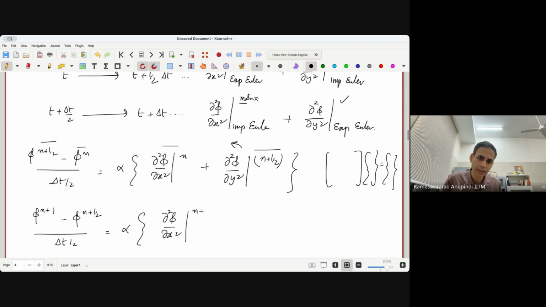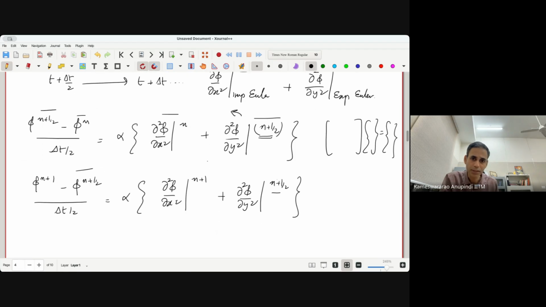So as a result, this is at n plus 1. And then you want to make the next one explicit. So explicit here is n plus half because the previous time level is now n plus half. So here n plus half means it is explicit because you are going from n plus half to n plus 1. In the previous case, n plus half means it is implicit because you are going from phi n to phi n plus half. Okay, so that is how you do it.